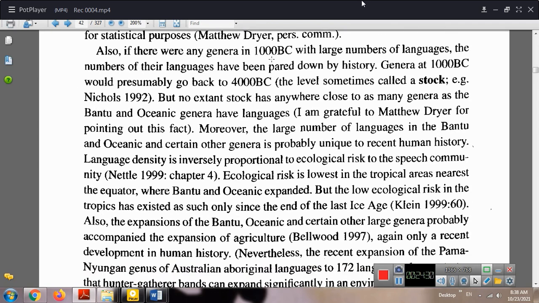Also, if there were any genera in 1000 BC with large numbers of languages, the numbers of their languages have been pared down by history.